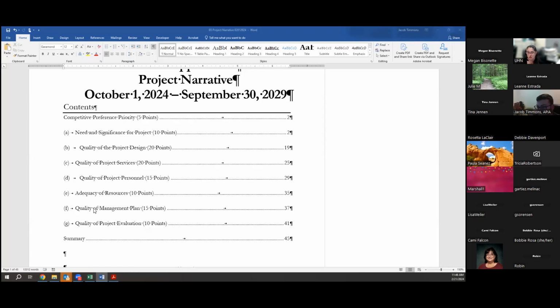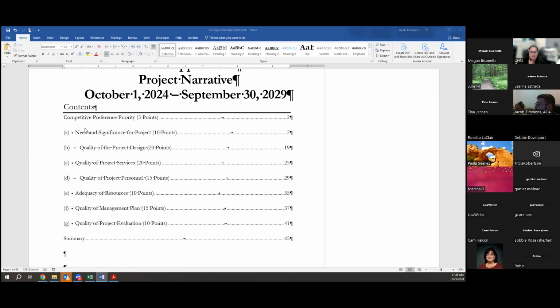So I always try to make things as easy as possible for a reviewer. They're going to have to rank and score everybody on this, so make these sections very clear for them to find, so they know where to go look for them. If they missed it and they've got to go back, oh, where is that section? I don't remember what they said. It's easy for them to go back and do that, and they have the reference for that.